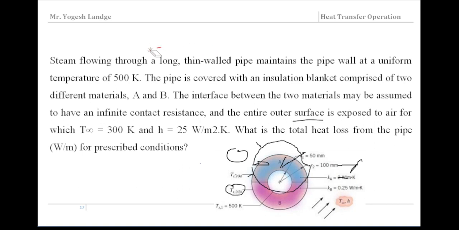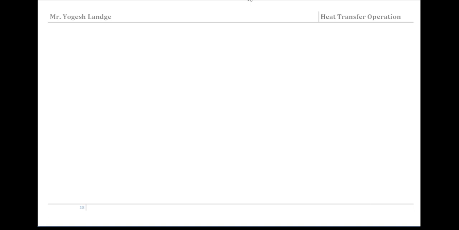So let's see how to get this answer. As I described in the diagram, the heat loss is through this surface and also through this surface. Let's see how to solve this and get the total heat loss.